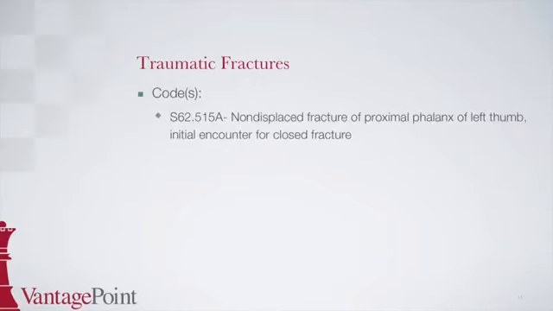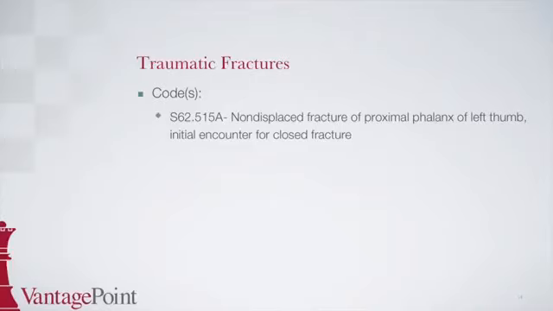The answer is S62.515A for non-displaced fracture of proximal phalanx of left thumb, initial encounter for closed fracture. To locate this code, you would start at fracture, traumatic in the alphabetic index.